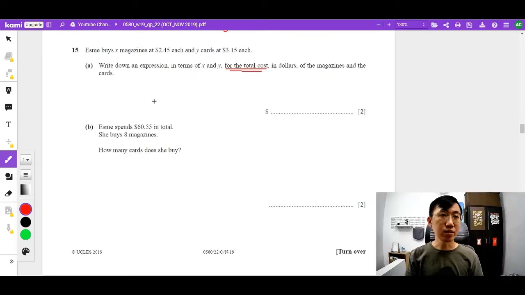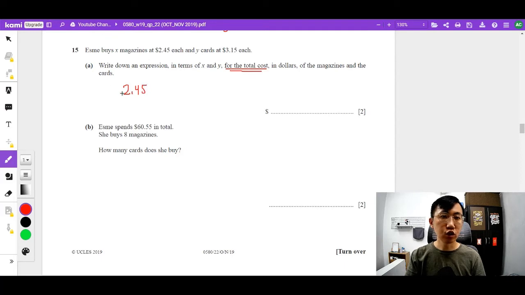Question 15. Esme buys X magazines at $2.45 each and Y cards at $3.15 each. A. Write down an expression in terms of X and Y for the total cost in dollars of the magazines and the cards. So I underline the keyword total, which means you're going to add things up. I am not sure how many magazines the person bought, so you write 2.45.